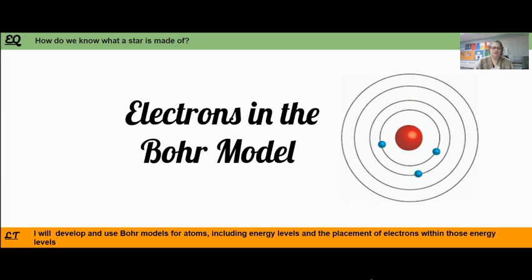A good portion of our course is going to talk about what electrons do and how they play their part in creating other substances. We're going to start off talking about the electrons in the Bohr model. Our learning target is: I will develop and use Bohr models for atoms, including energy levels and the placement of electrons within those energy levels.